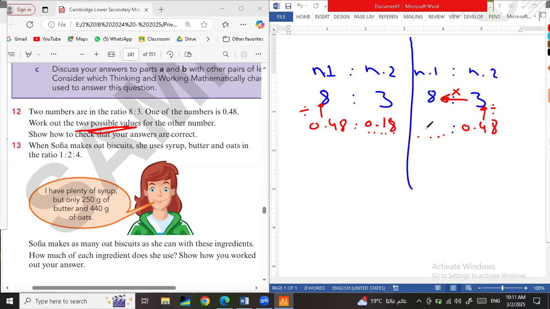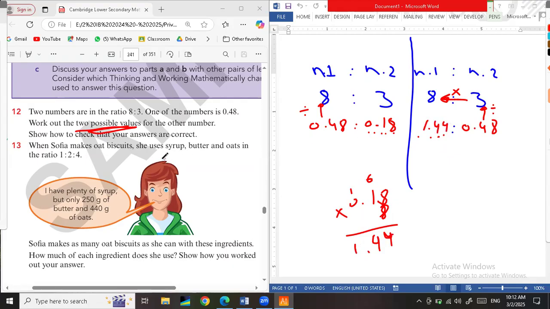You can use the calculator definitely in such a question. 0.16 times 8 is going to become exactly 1.28. You multiply it by 8, 6 times 8 is going to become 48, then 8 times 1 is 8 and 4 is going to become 12.